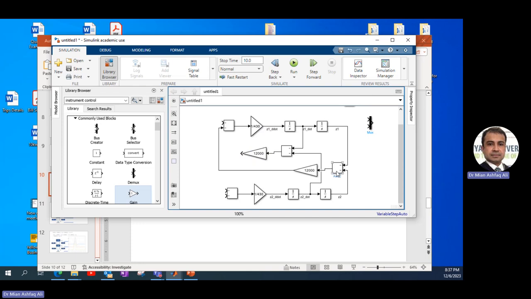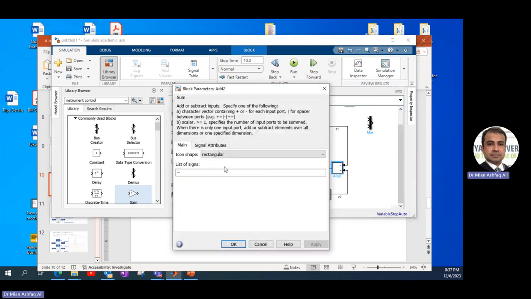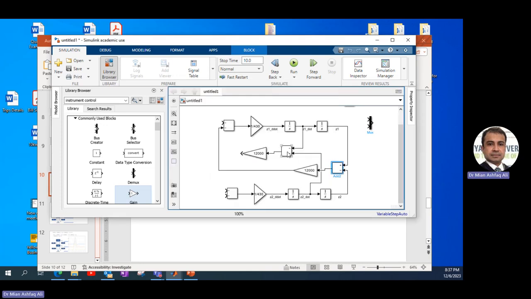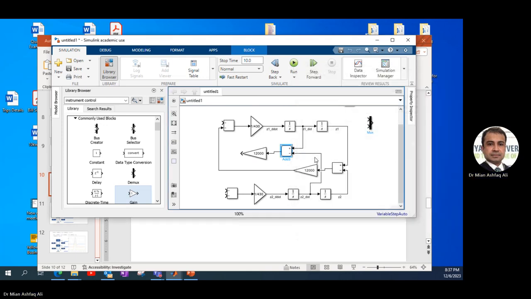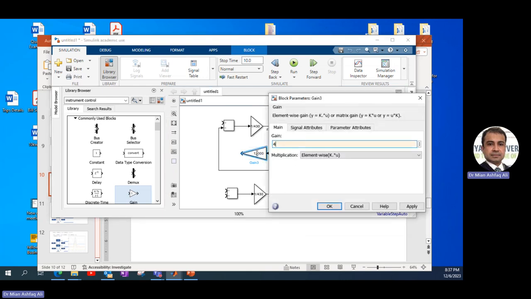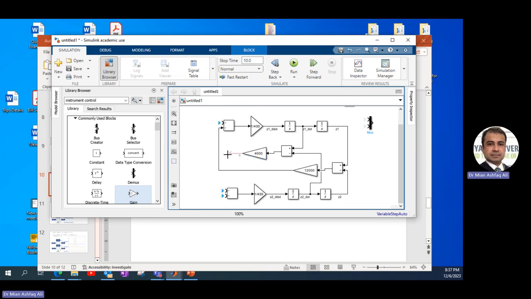So actually this should be Z1 minus Z2, so I need to change the sign to plus minus here. And same is the case here. So I should write here plus minus, and then multiply this with C1, and C1 is 4,000. And then I can connect it here. So this completes the first loop, and let me rename this as C1 and this block as K1.